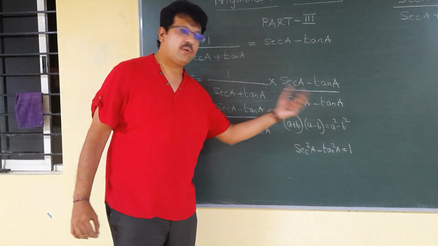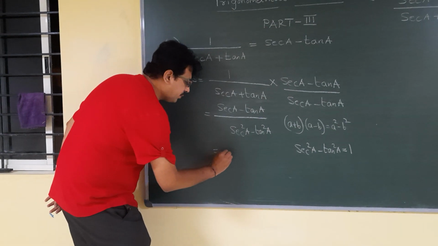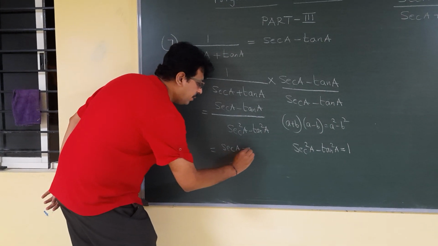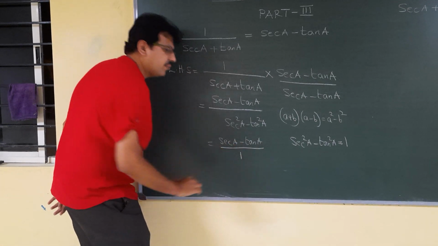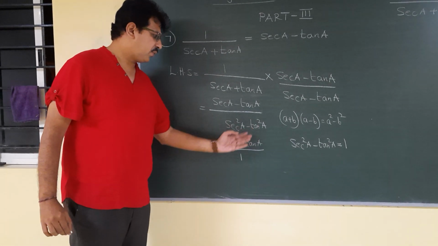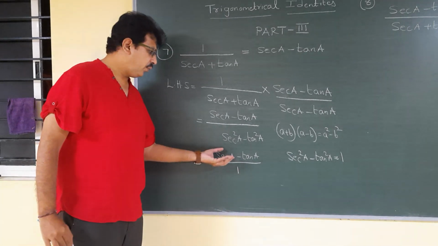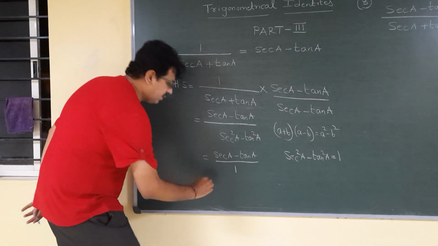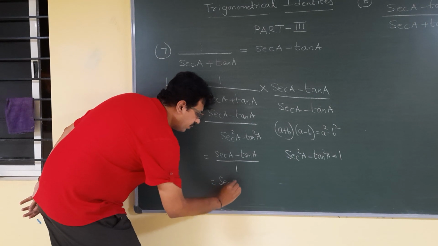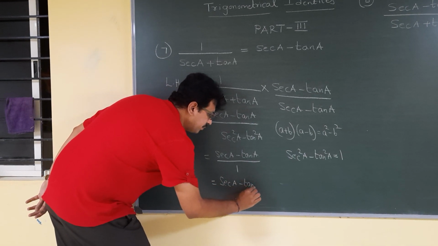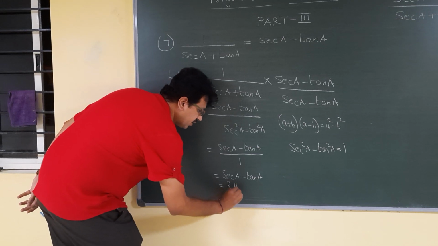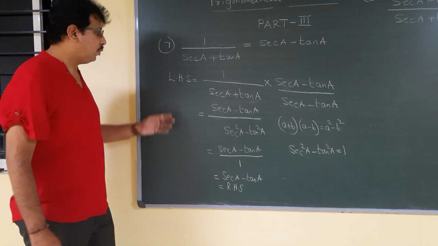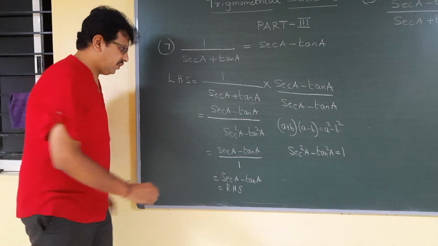So we are going to get secant a minus tan a divided by 1. So we got the RHS, that is secant a minus tan a. So hence we have proved that LHS equal to RHS.